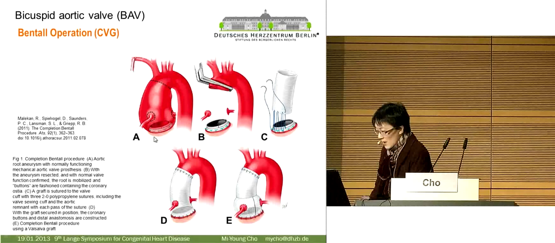And so the aortic valve is removed, the ascending aorta is removed, the coronary buttons are cut out, and the ascending aorta is replaced entirely, and you have to re-implant the coronary arteries.